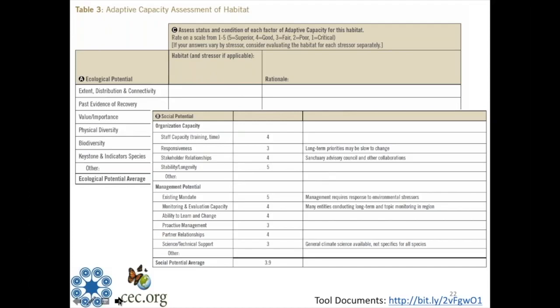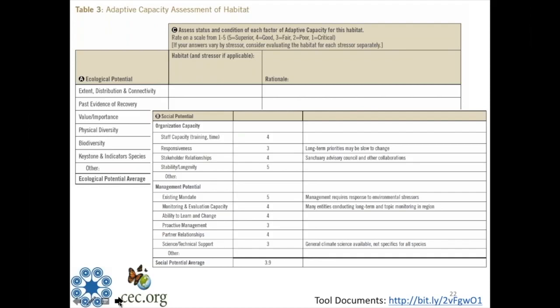And so from an ecological potential point of view, we looked at how ecosystems are functioning, how diverse are they, how connected are they. From a social potential point of view, we looked at what is the potential or capacity of the management agencies or organizations who are in charge of those resources. How responsive may they be? How sophisticated are the staff? And then we look at the management potential about, is there legal and other structure in place there to get that done? So this is a nice way to kind of summarize these issues.